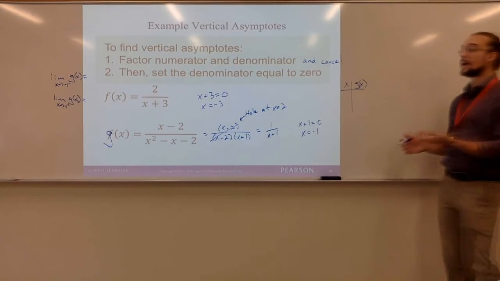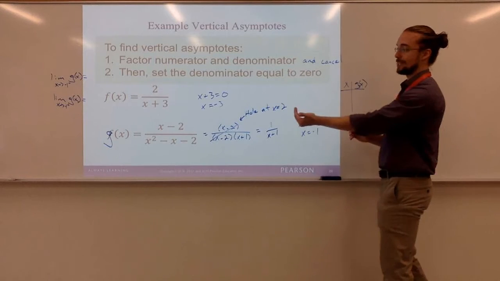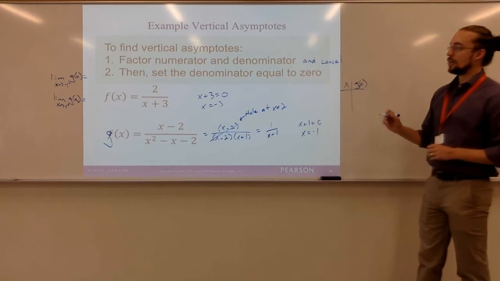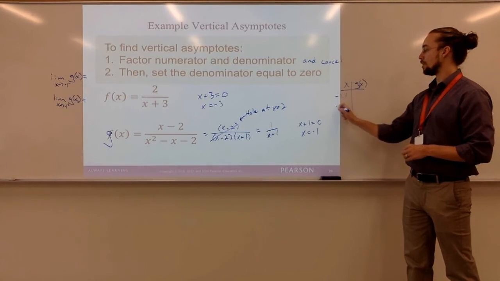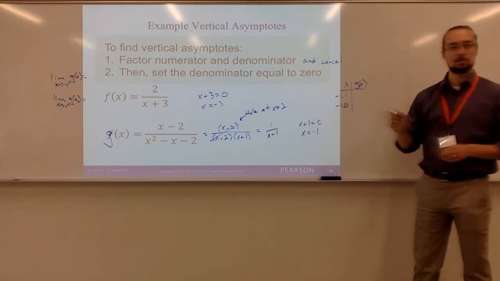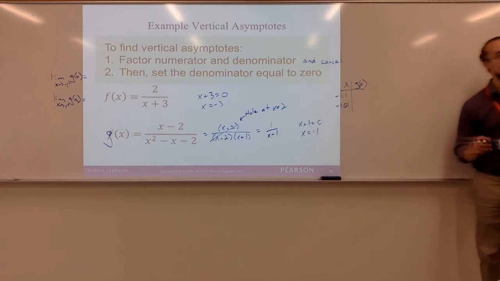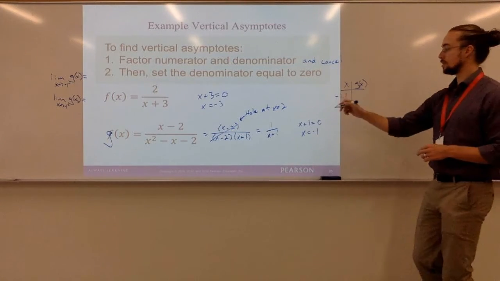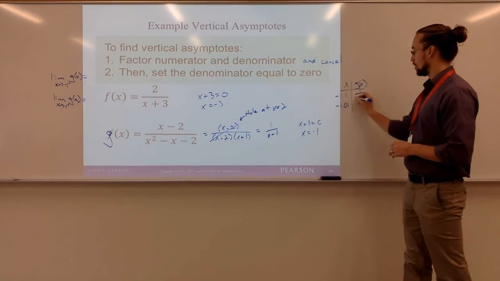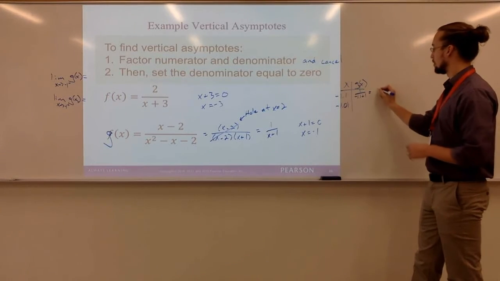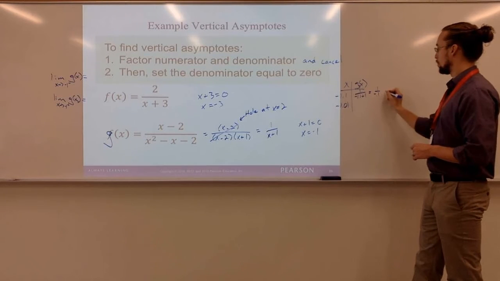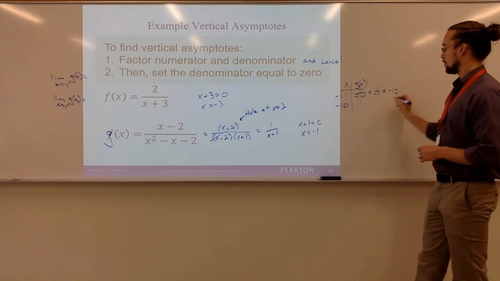Alright, so from the left, right, if we want to choose values to the left of -1, that would be like -1.1 or -1.01. Okay, so if I plug those values in, 1 over -1.1 plus 1 gets me 1 over -0.1, -10.